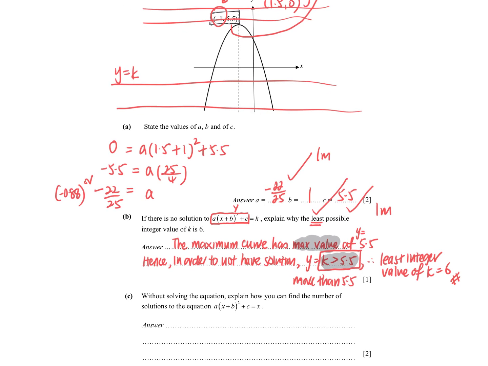Okay, then they say without solving. So some of you try to solve, find the discriminant, so cannot. Don't talk about the discriminant here because you are not supposed to solve. So they say without solving, explain how you can find the number of solutions of this equals to x. So you know this is y. In other words, they want you to draw.